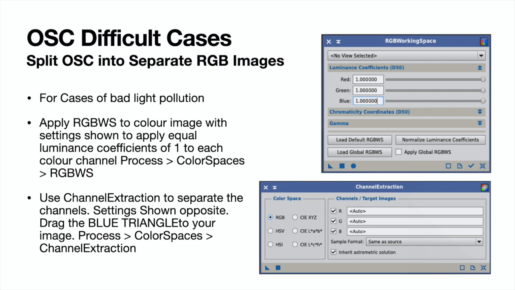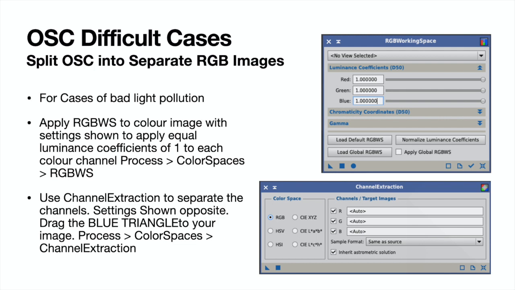Once that process has been applied, you then use channel extraction to separate the red, green and blue channels. Use the settings shown opposite. So drag the blue triangle to your one-shot color integrated image, and it will split it into 3 images, one red, one green, one blue.